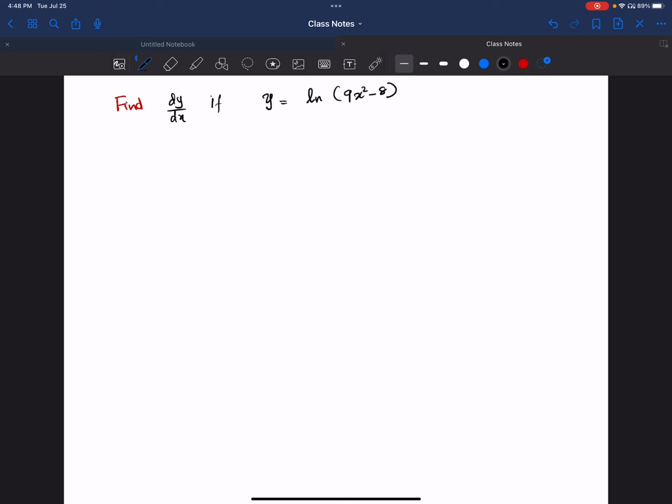You can either use the law that we learned or the chain rule. Now, if you're really good at chain rule, I would recommend using chain rule. Let's use the chain rule for this one.